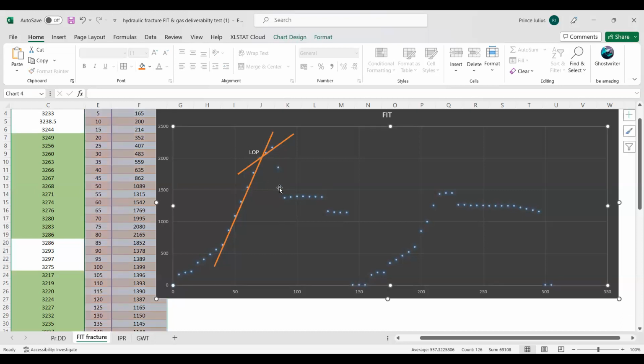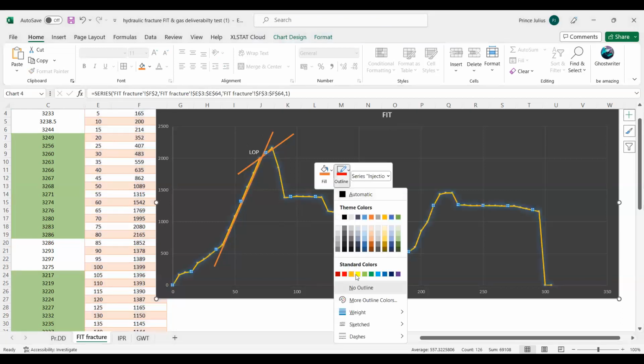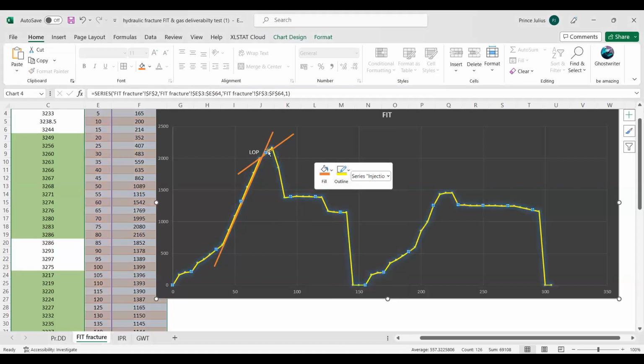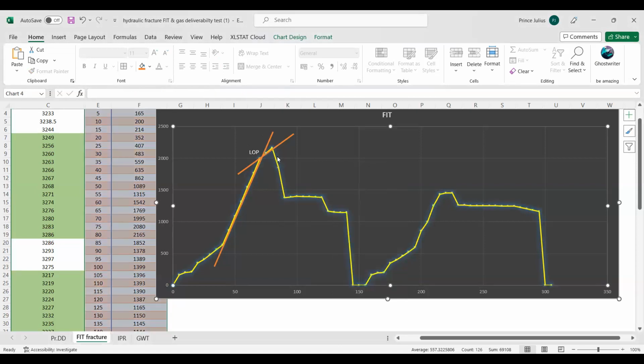After that, it started to move down. I will adjust with an outline. You can see that it started to move down. That means here the fracture has reached its maximum. Right now it has burst; the channel has become a fracture and has increased its volume.